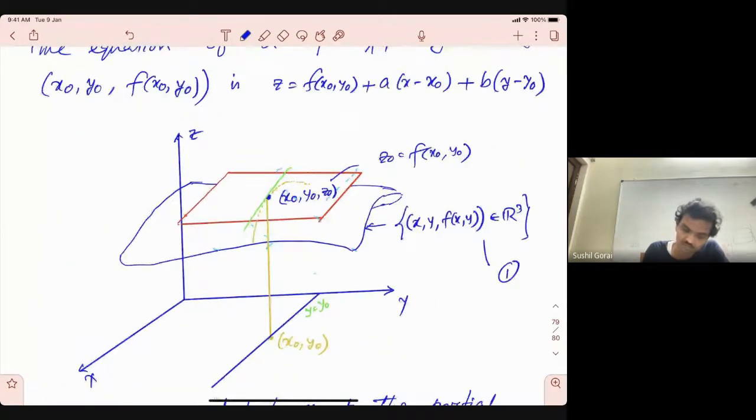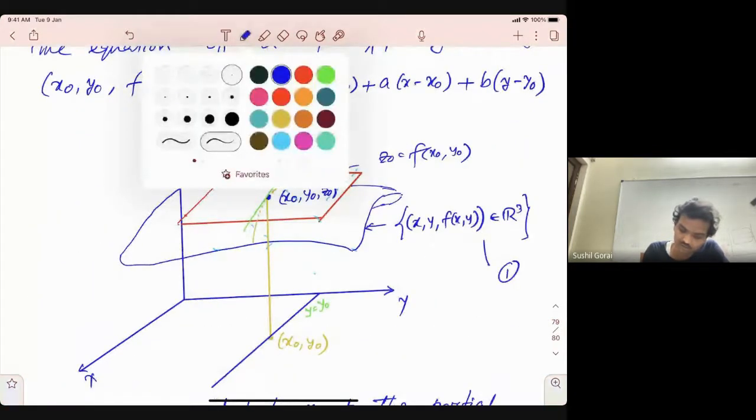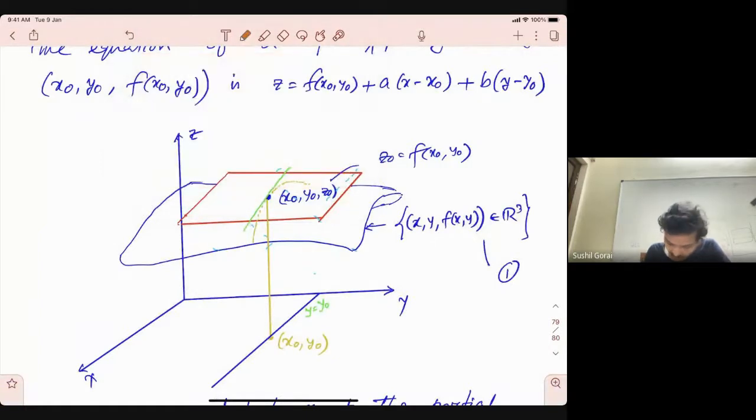So you can also consider a line which is parallel to the y-axis. This is x equal to x naught, and here it will be something like this, and the tangent will be like this.